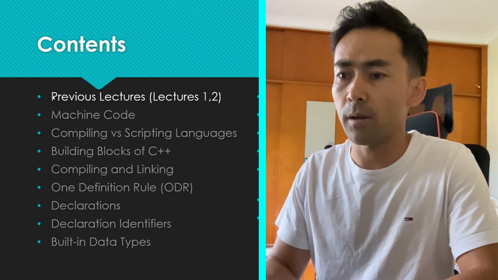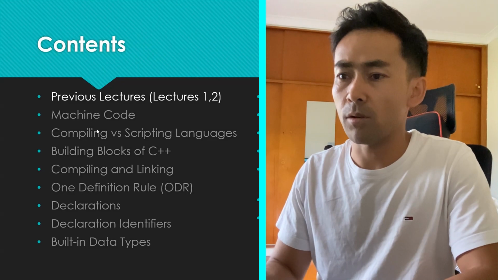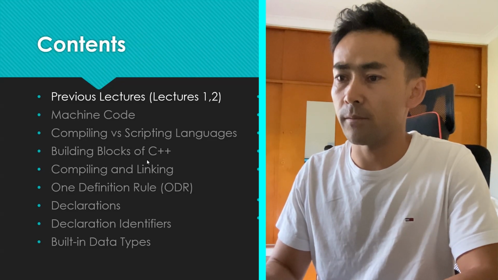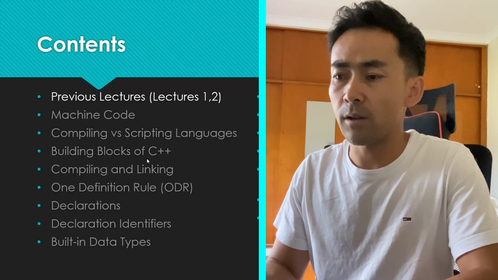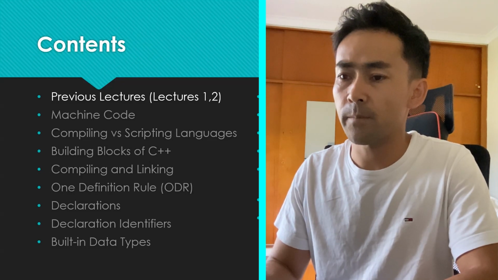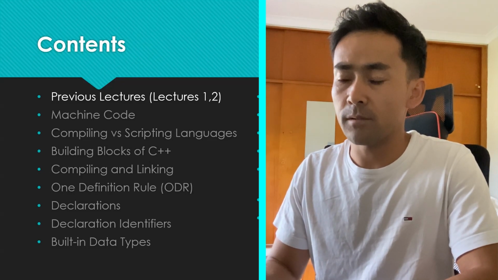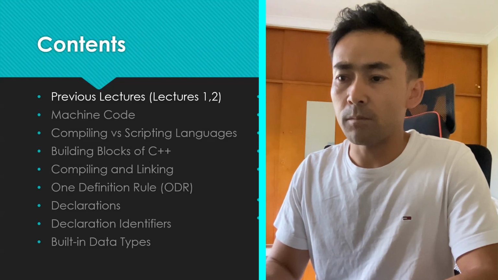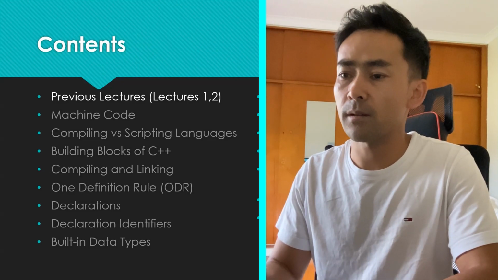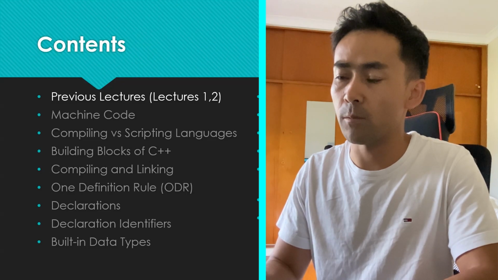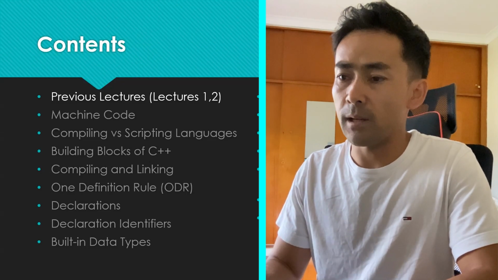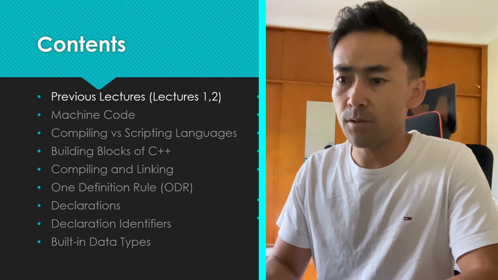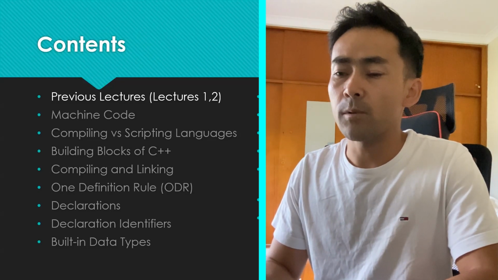In the previous sections, we talked about machine code, compiling versus scripting languages and their difference, and that C++ is a compiling language. We talked about the building blocks of C++ and compared it with a language such as English.